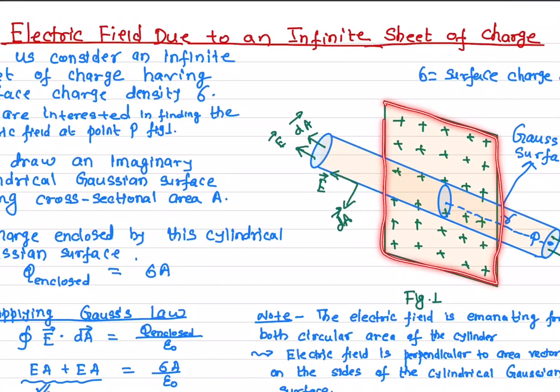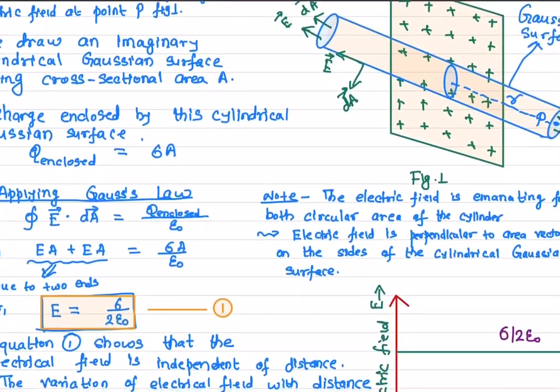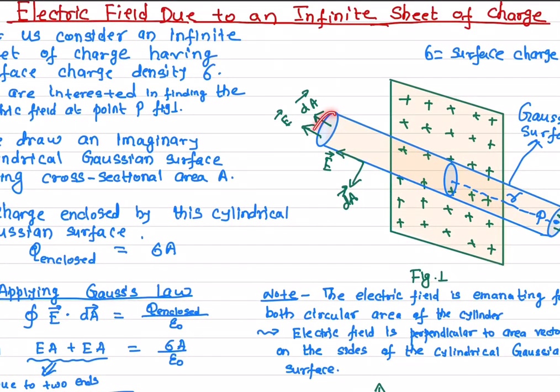As this is a charge plane, we assume sigma is the surface charge density of the plane. Now let's find the total charge enclosed by this Gaussian surface.